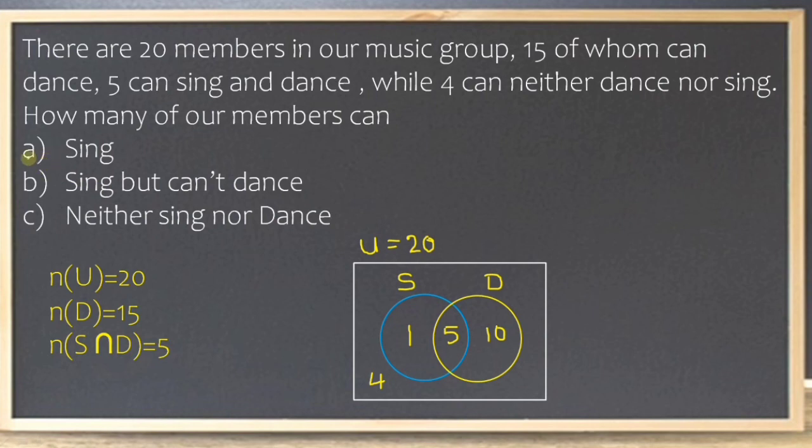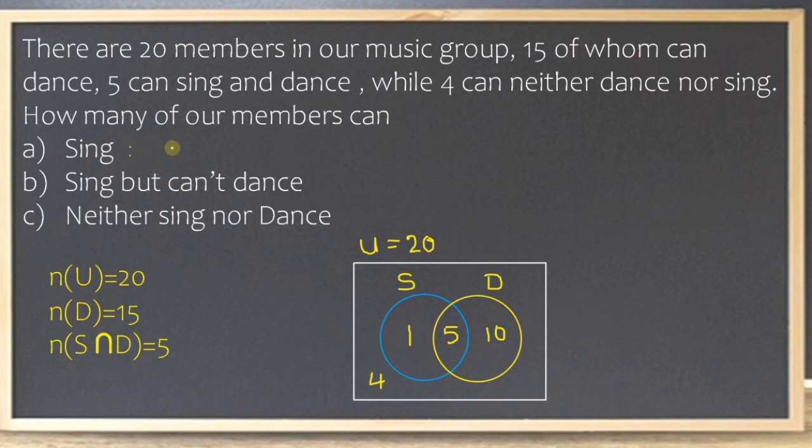Then we come now and solve our problem. A says sing. Okay, so the number of members that sing. So you go straight to the set of singing. In the set of singing, we have 1 person here, and we also have 5 persons here that can sing and dance, but they are in the set of singing. So we have 1 plus 5.